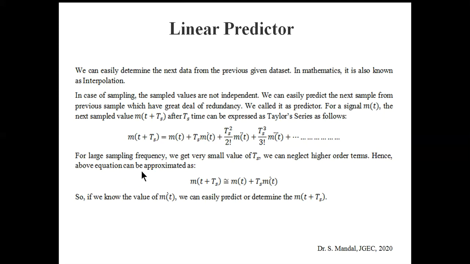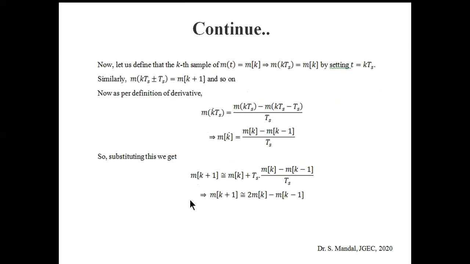So by neglecting the higher order terms, we can approximate this Taylor series as m(t+Ts) ≈ m(t) + Ts m'(t). This is basically a first order equation. If we know the value of m'(t), that is dm(t)/dt, we can easily predict the value of m(t+Ts), the value at the next time instant.